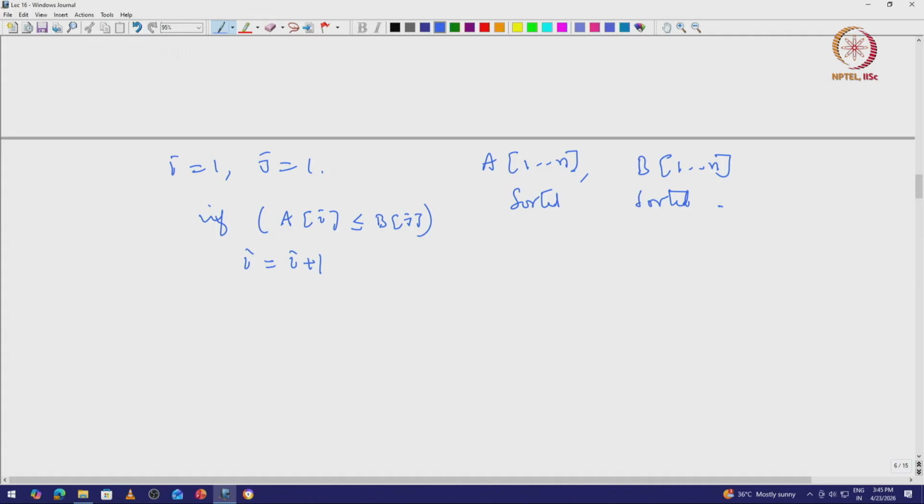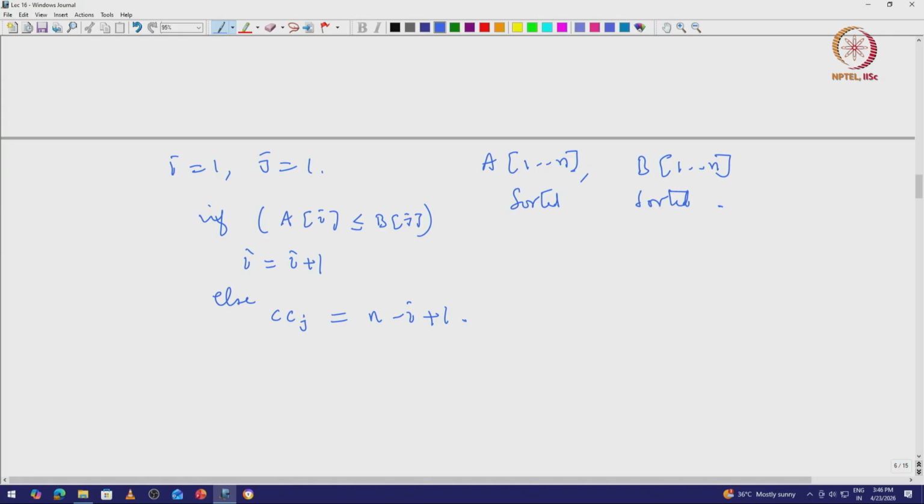We are not interested in smaller values, we are interested only in larger values. i equal to i plus 1. Else, the cross count for Bj is n minus i plus 1.